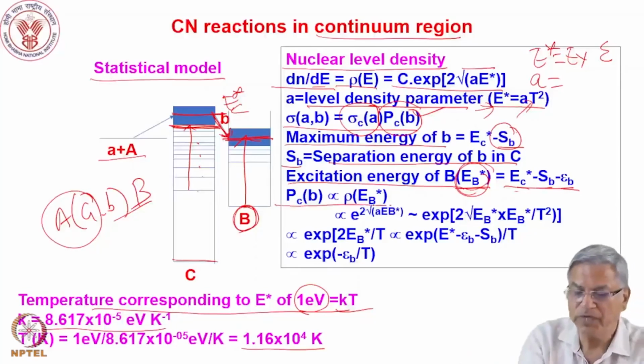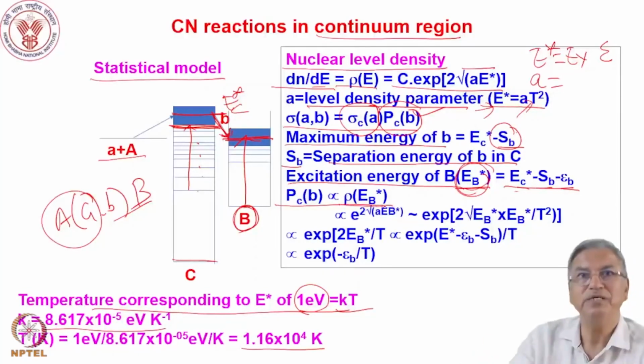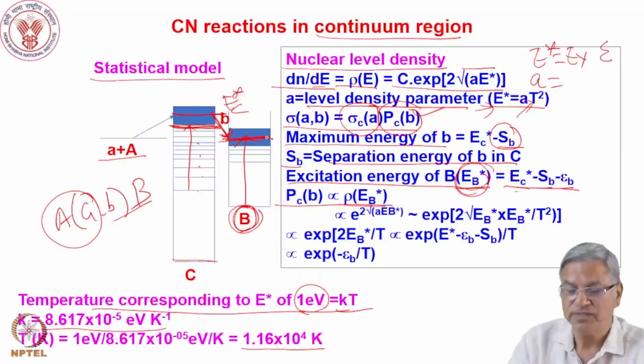So the probability of decay of b to a particular energy state depends upon rho of E_B, the level density of the residual nucleus at a particular energy, which is given by e to the power 2 root aE. And you can now explain this E_B.